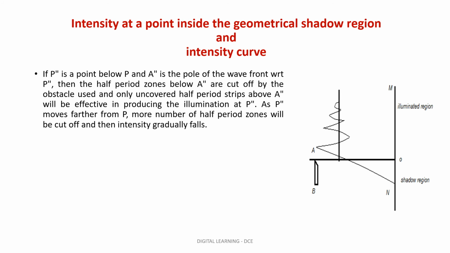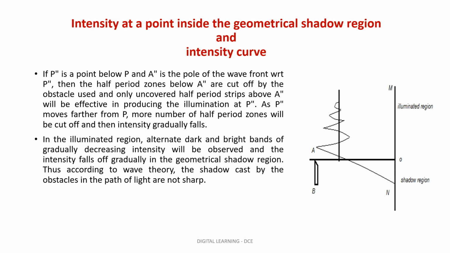The intensity distribution on the screen due to a straight edge is shown in the figure. In the illuminated region, alternate dark and bright bands of gradually decreasing intensity will be observed, and the intensity falls off gradually in the geometrical shadow region. According to wave theory, the shadow cast by the obstacles in the path of light is not sharp.